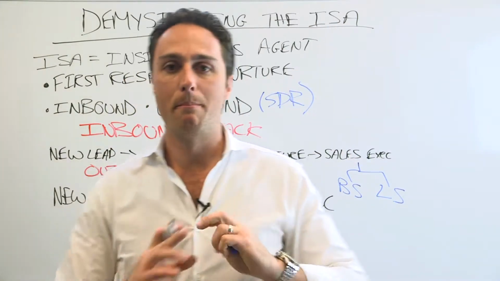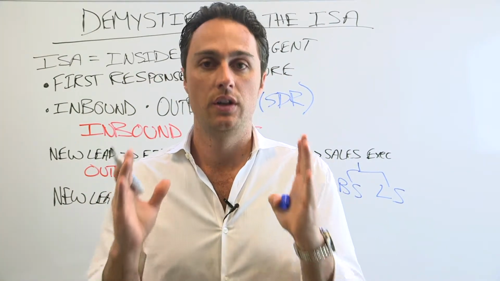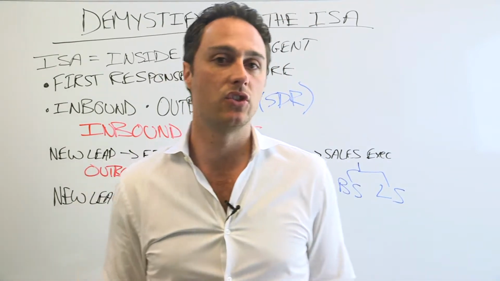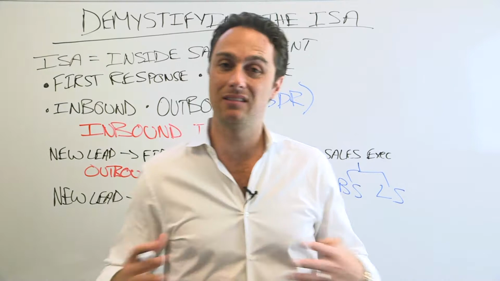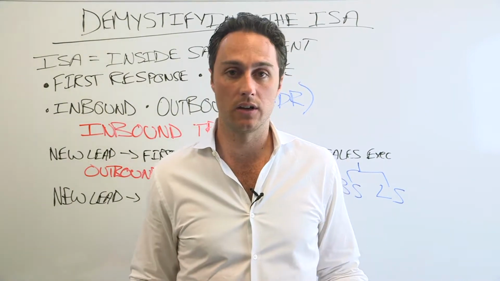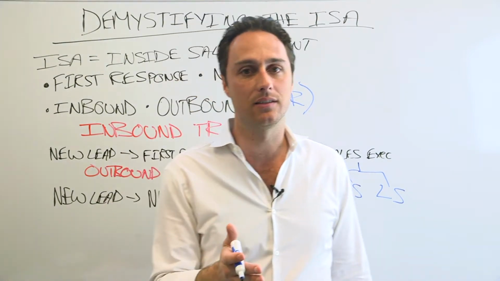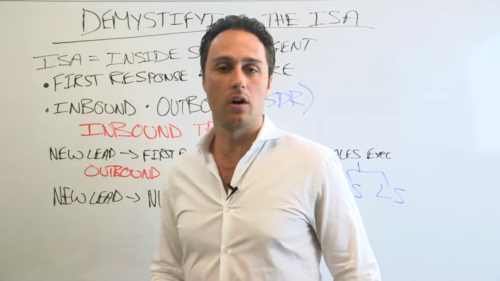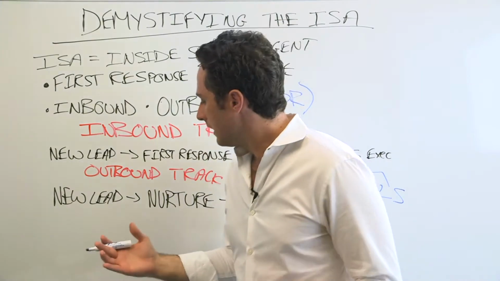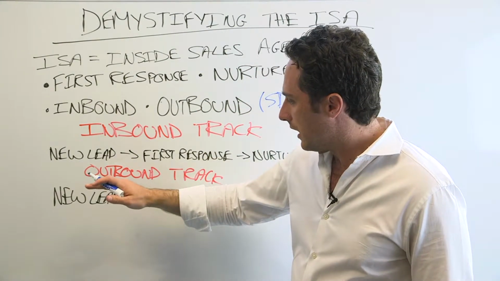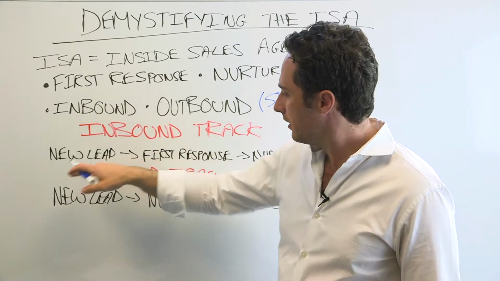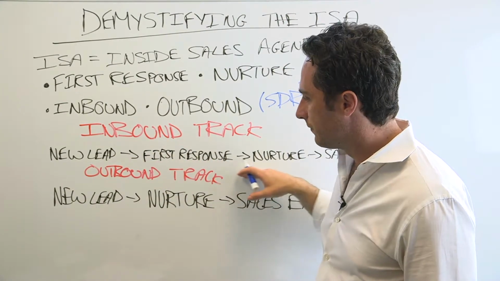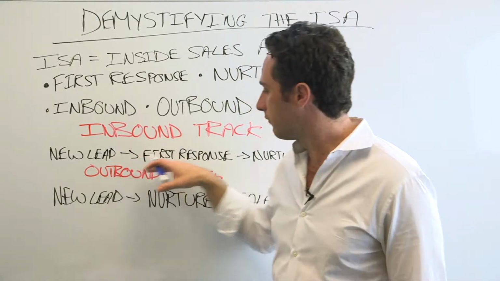Now, here's where there's a major point of misunderstanding in all the conversations I have with agents across the country. And I'm in some of the highest level mastermind groups that you could ever find in our industry. And this is a very consistent misuse, or misunderstanding is actually better. So on the inbound track, the person that does the nurture can also be the person that does first response.